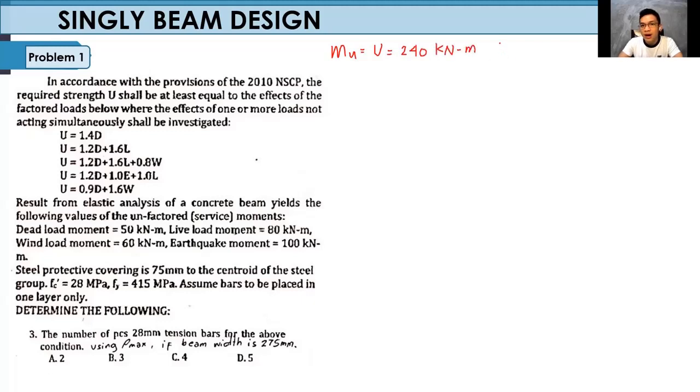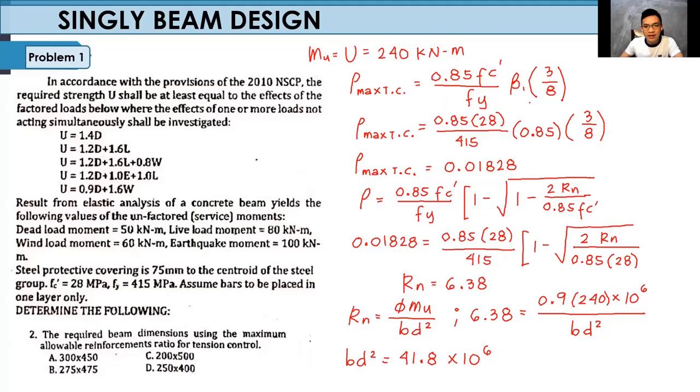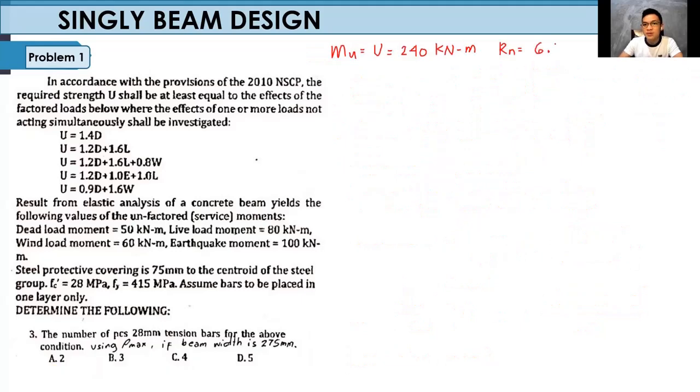Then, kanina, yung RN natin, that is 6.38. Diba? Kasi we will be using that one. Yung ating section na gagamitin natin is 275 by 475 na total depth.